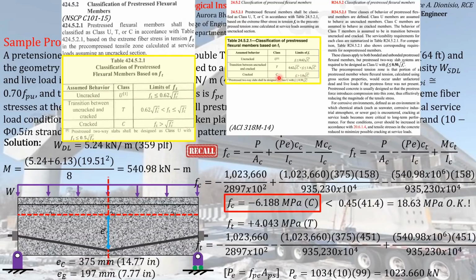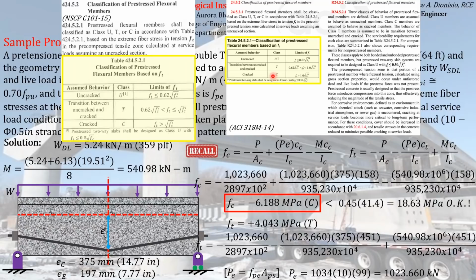So this tensile stress we have computed here must not be greater than square root of fc prime, because we know for a fact according to this code that if the tensile stress acting on the concrete element at service loads is greater than square root of fc prime, we can already consider it cracked, which is the scenario that we are avoiding.